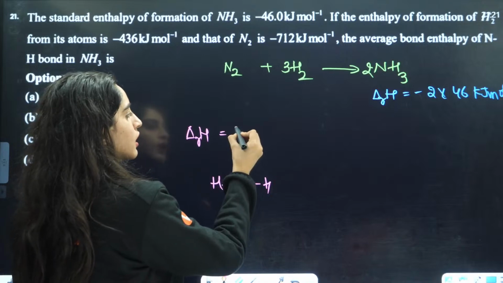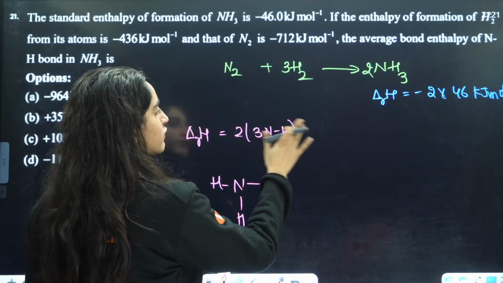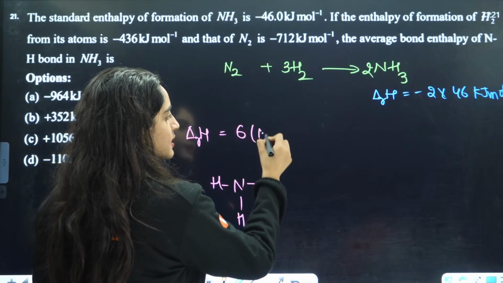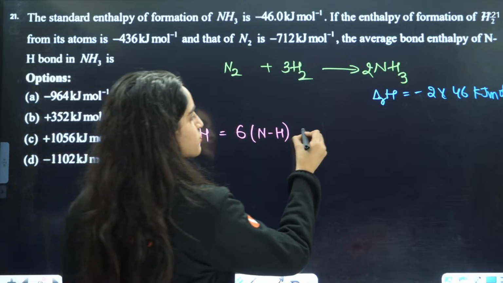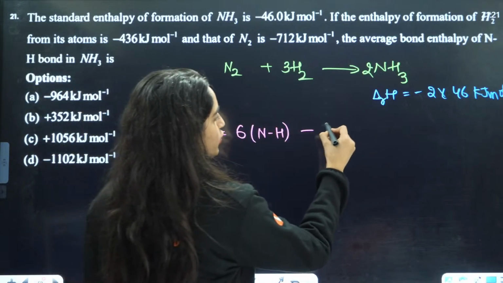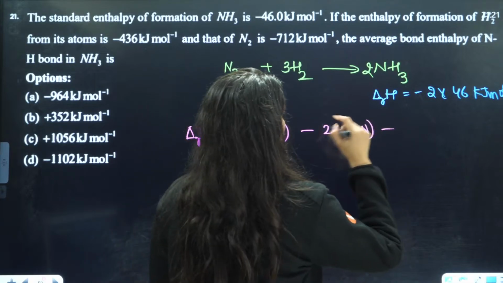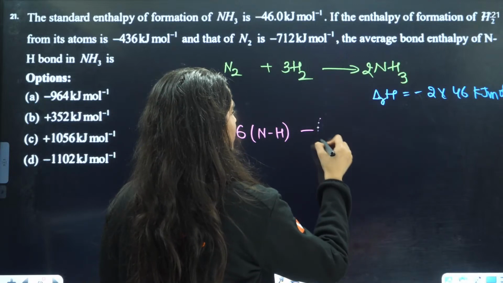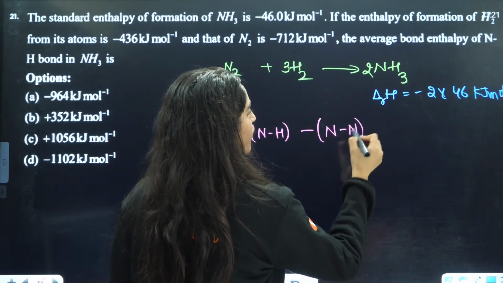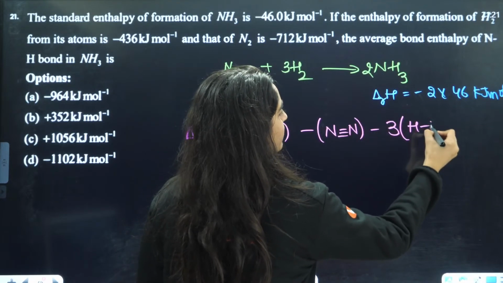So it will be 2 into 3 NH bonds, that will be 6 NH bonds, right? Minus reactants: 1 NN bond, minus 3 of HH bond, right?